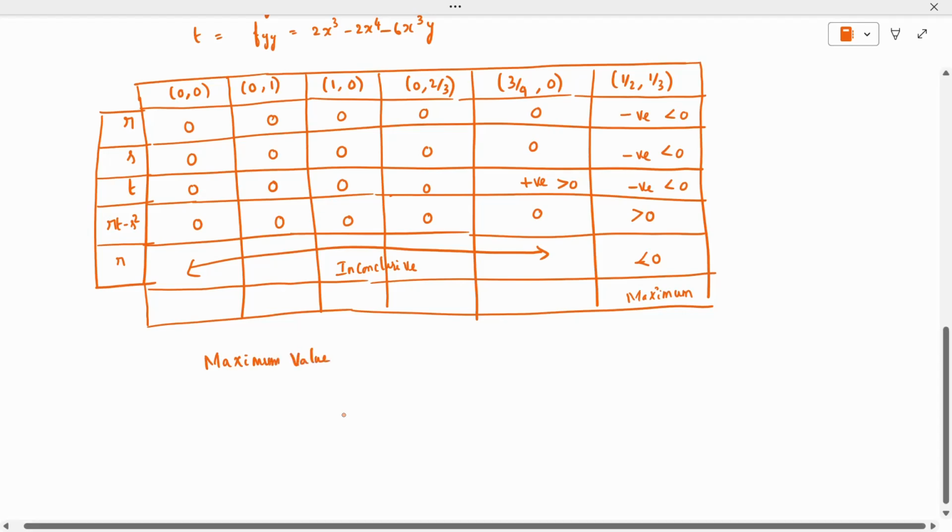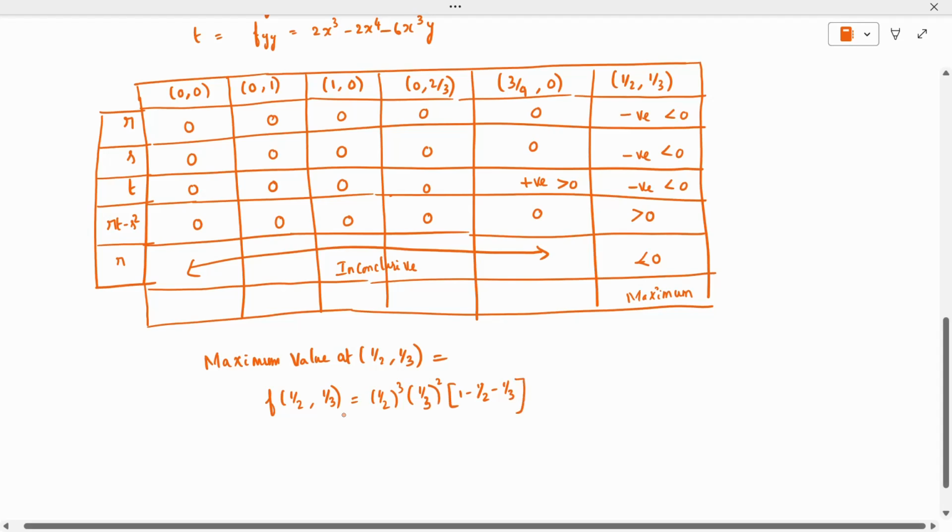What is the maximum value you have to calculate at (1/2, 1/3). You calculate in the given question, you will get the maximum value. Substitute in this f of (1/2, 1/3). Substituting in the given question, it is (1/2) the whole cube into (1/3) the whole square into 1 minus 1/2 minus 1/3.